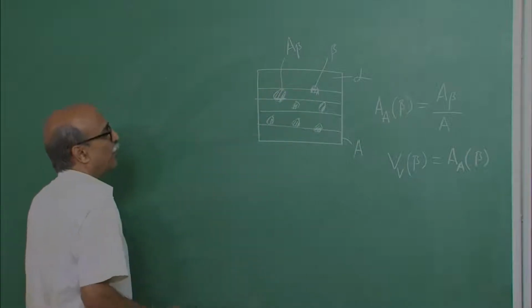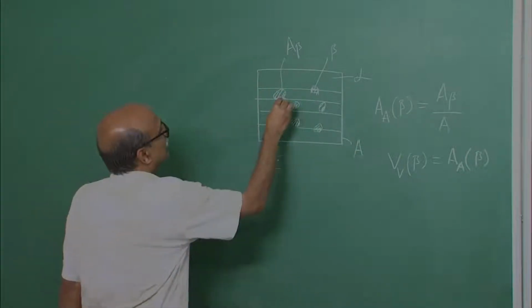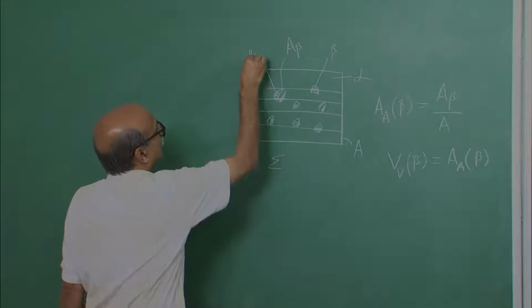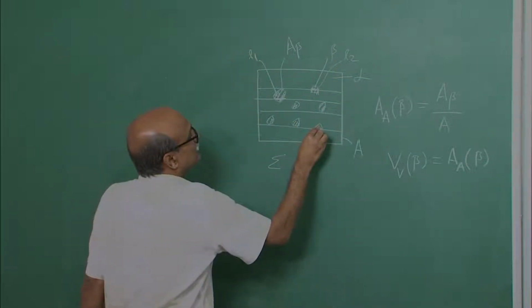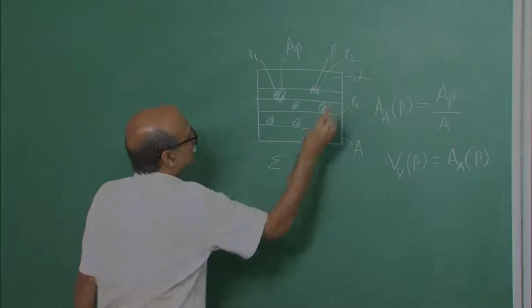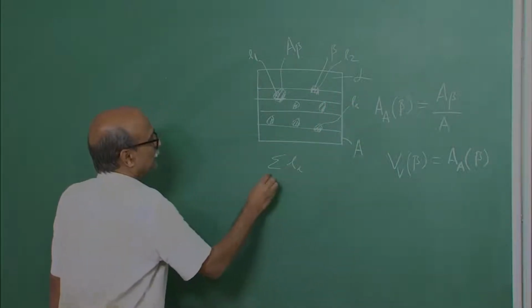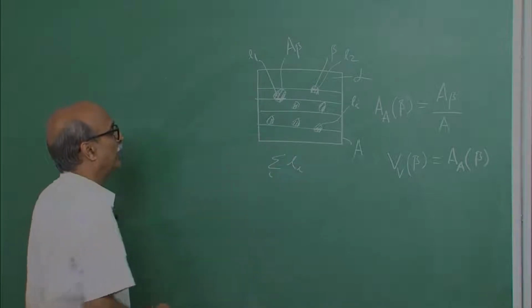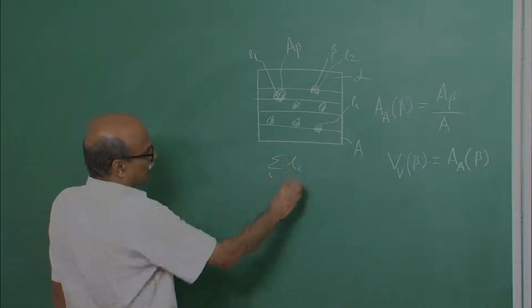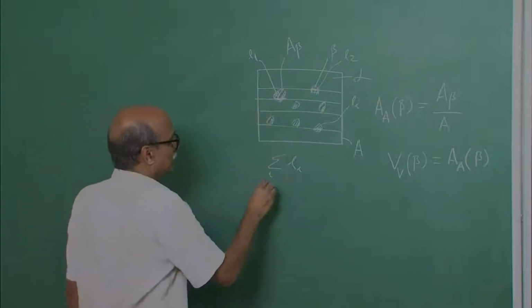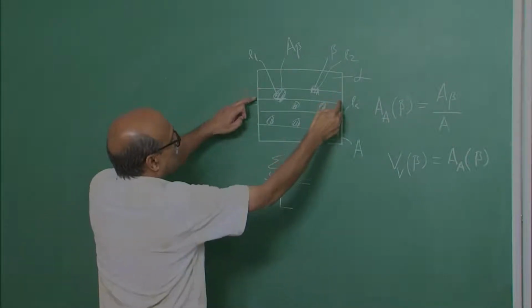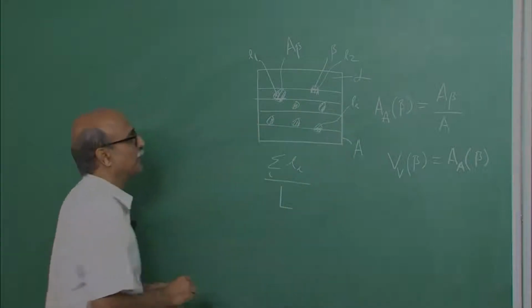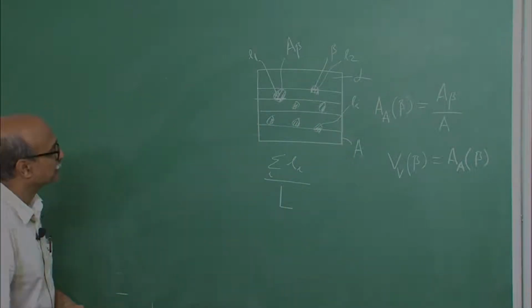Add up all of these lengths. So, the individual lengths L1, L2 and so on, Li. The summation over all i's is the total length intercepted inside beta divided by the total length of these parallel lines that I have superimposed on the microstructure.